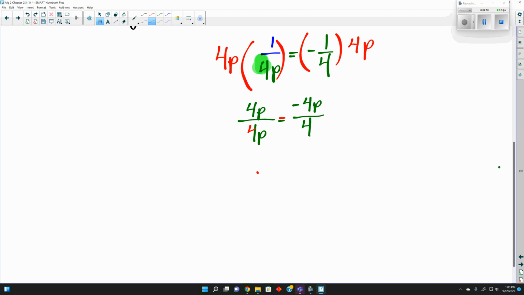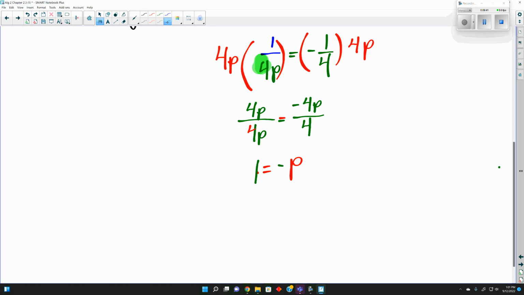Well, 4p divided by 4p, anything divided by itself is? Negative 4p divided by 4. Negative 4 divided by 4 is? Negative 1, which ends up with negative p. Questions on this so far? Do we need to do anything else? Is p by itself?